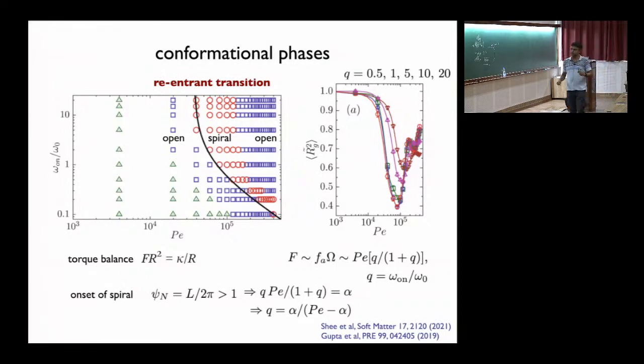The reason this chain gets into a spiral shape is that there is a balance between the torque generated by the molecular motors and the bending rigidity, which allows the filament to stabilize against that torque. So this is a torque balance condition.